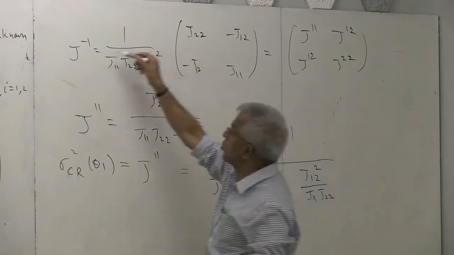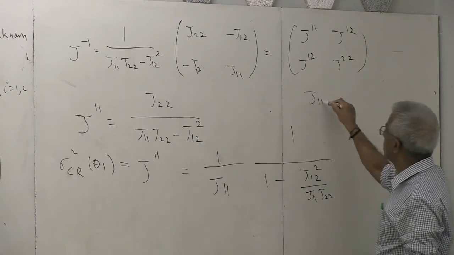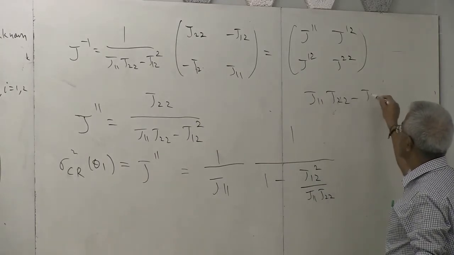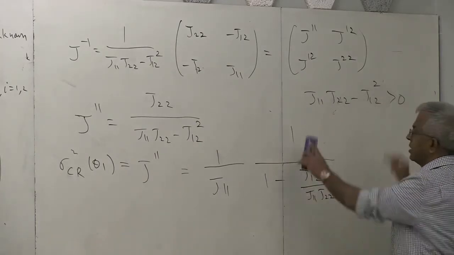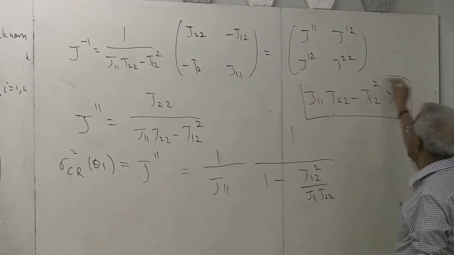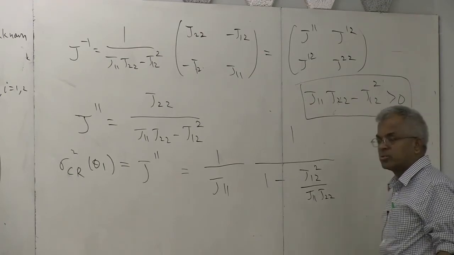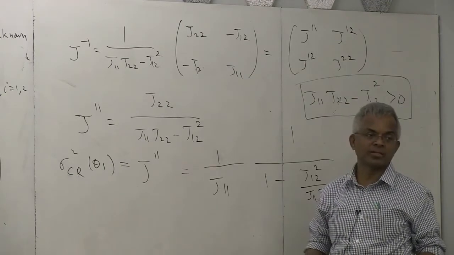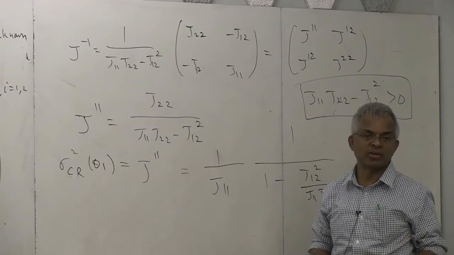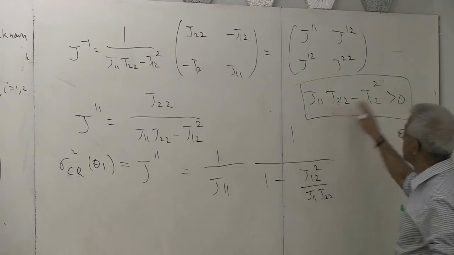First of all, you know this quantity is positive, right? We also know that J11 J22 minus J12 squared is positive. Why is that? Anybody? Why is this quantity, the determinant, positive? Because that's the property of a positive definite matrix. If the matrix is positive definite, its determinant is a positive number.